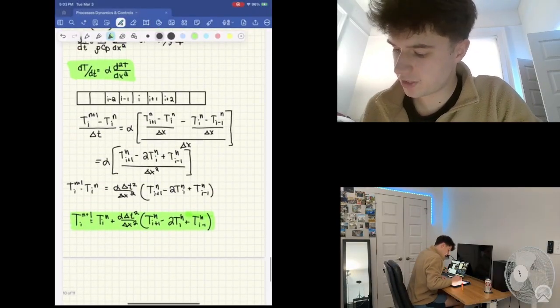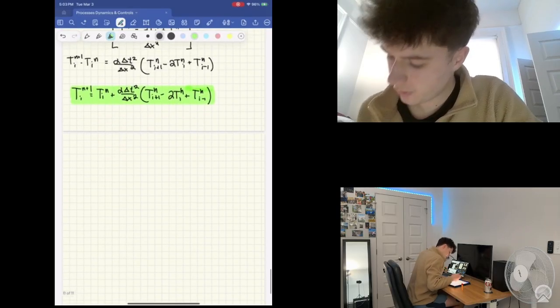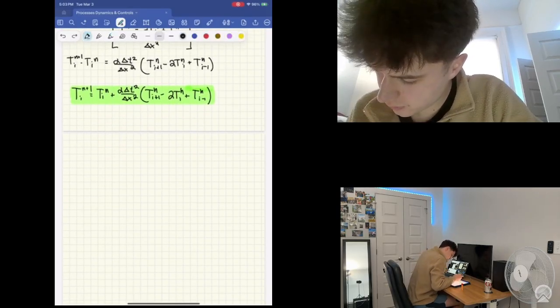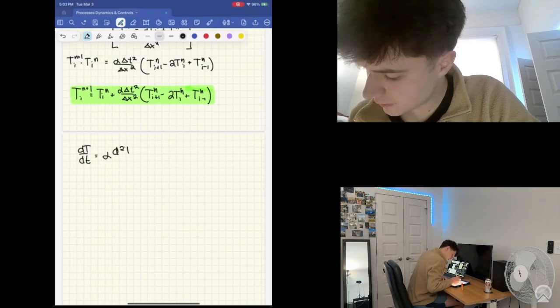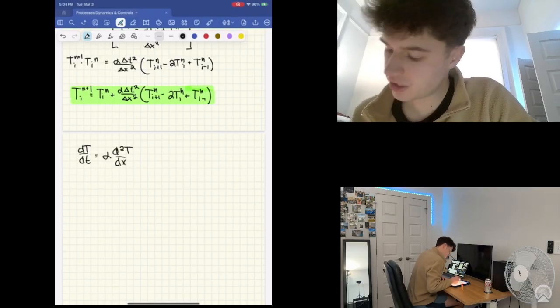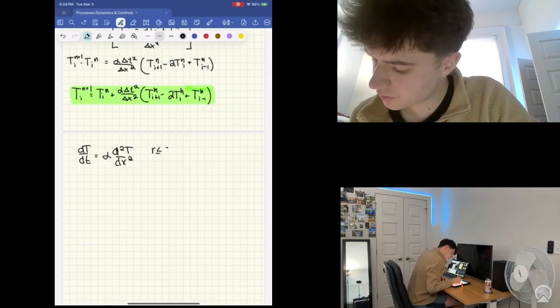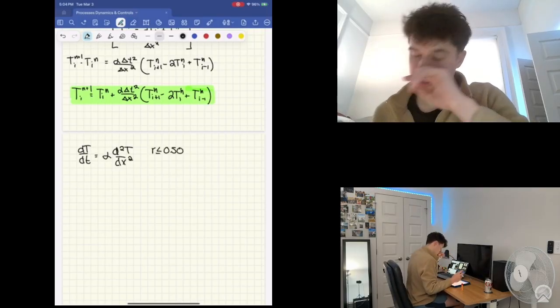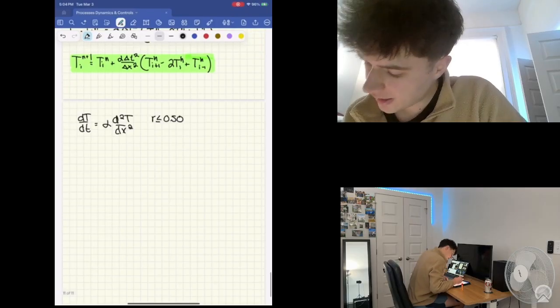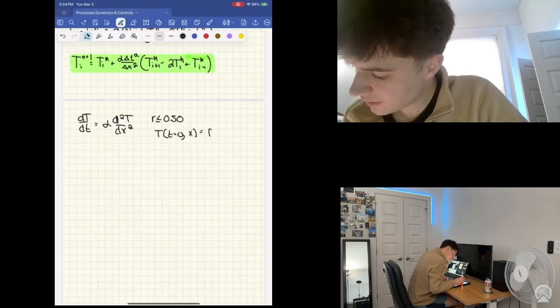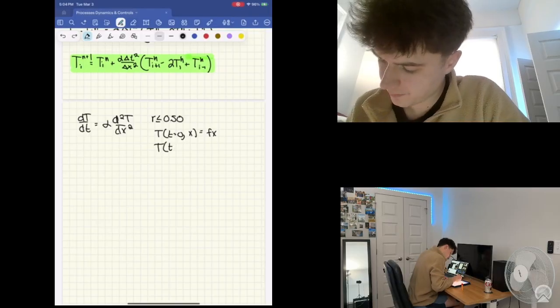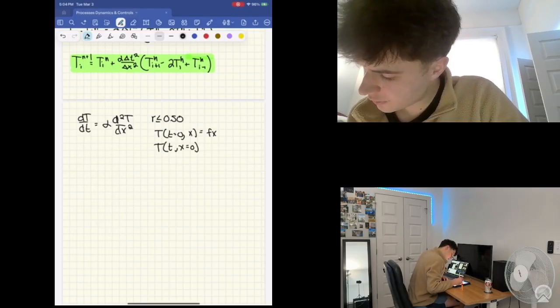As you know, we have this equation up here, this top green one, which is equal to dT over dt equals alpha d. So we have this equation, and we are trying to prove that R has to be less than or equal to 0.50. And now also some more specifications in here. The temperature at t equals 0, x equals f(x). We also have T at time x equals 0 must be 40.